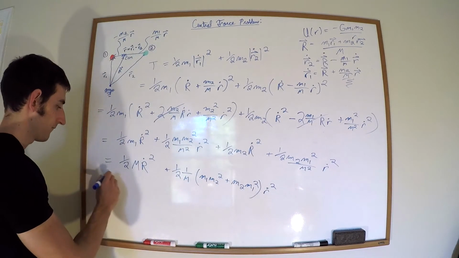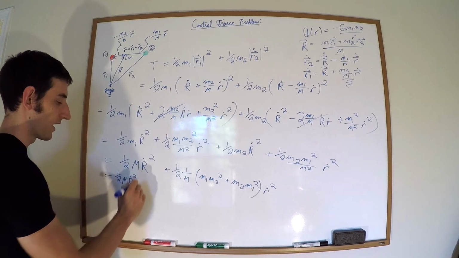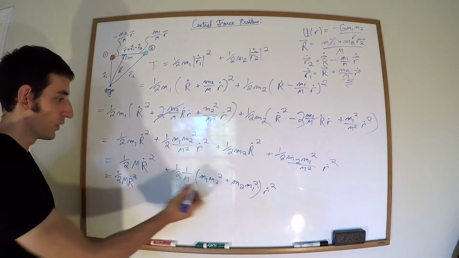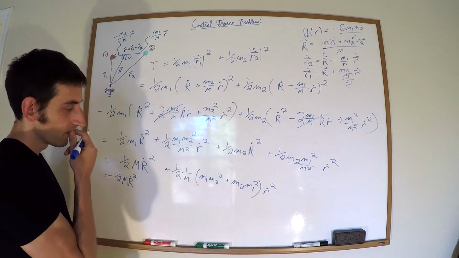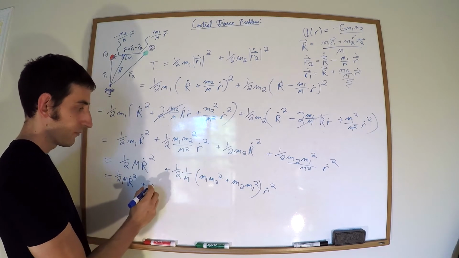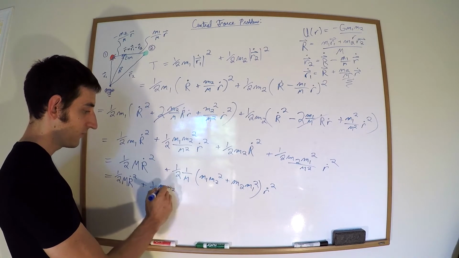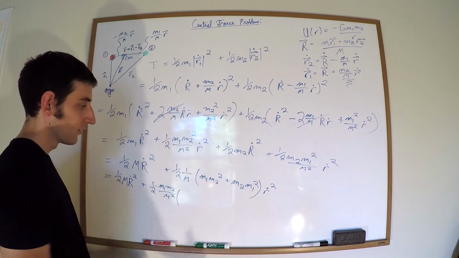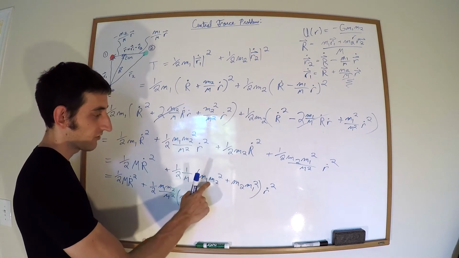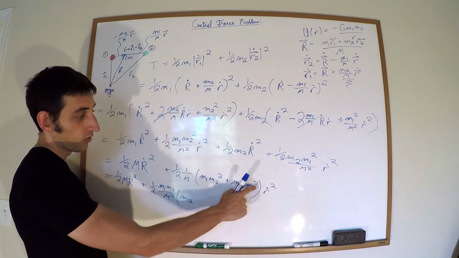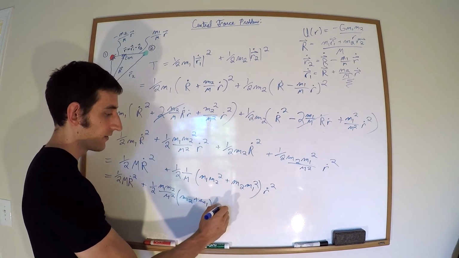We could say, okay, this is 1/2 big M, big R dot squared. We could pull out, how can we do this? M1 and M2 plus 1/2 M1, M2 over big M squared. So if we pull M1 and M2 out of this, we get an M2, right, for that term. If we pull M1 and M2 out of this, we're left with an M1, right? So we get this little guy here.